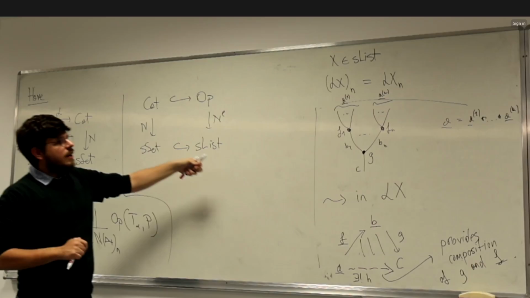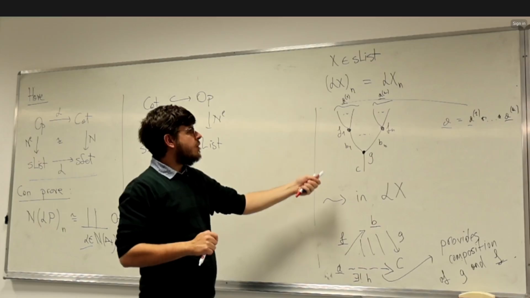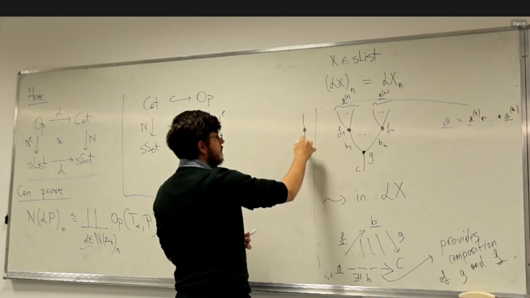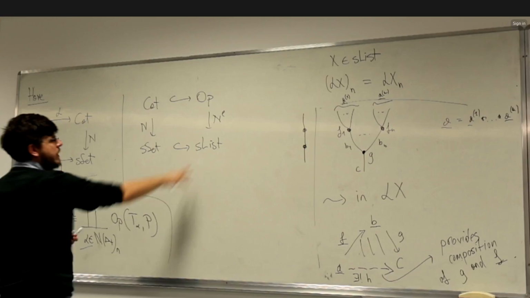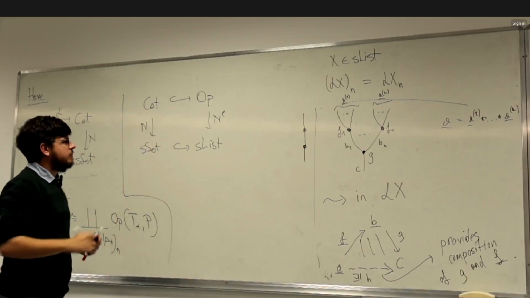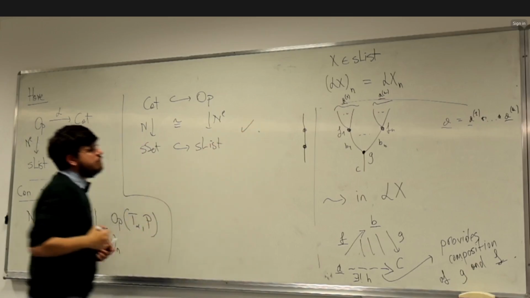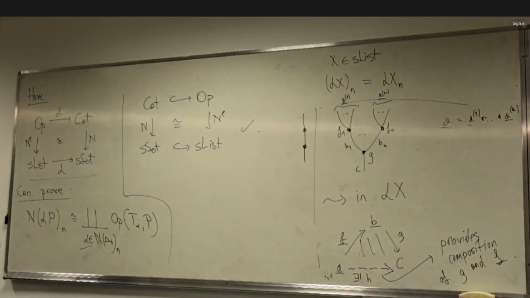The only way you can map a tree into a category is if the tree is linear like this. And so you end up with the nerve. So these are really some first constructions.